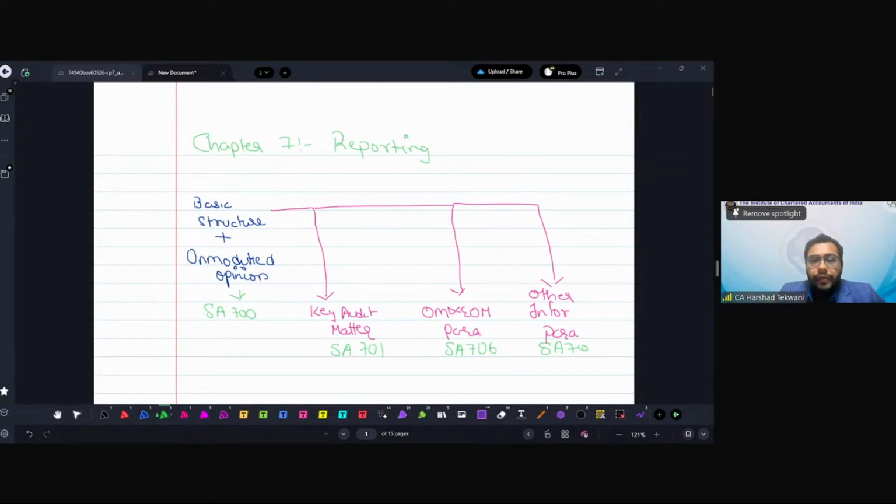But we have to understand in detail when these paragraphs come, and we will understand that when we come to that particular SA. As of now, just understand that it is a part of the basic structure, but they come into play in a specific scenario, and that specific scenario we need to understand. Clear till now? Any doubt?